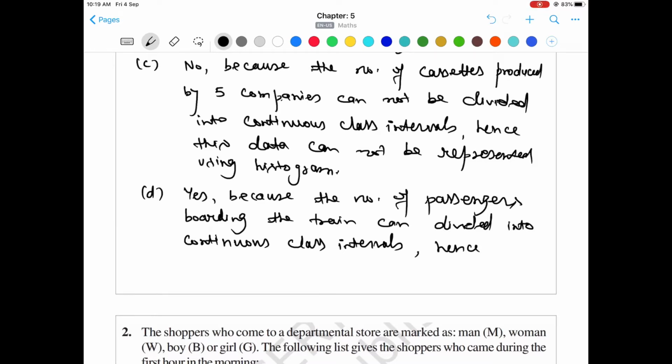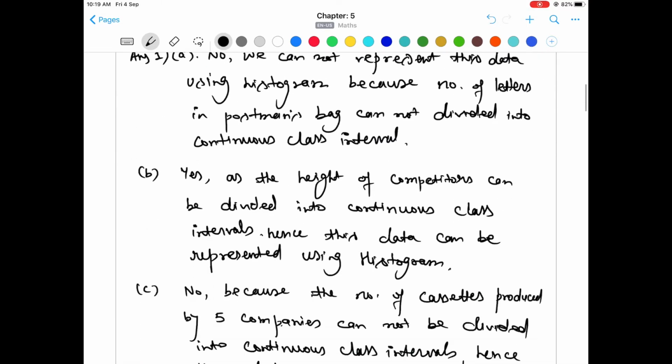Hence, this data can be represented using histogram. That's because the number of passengers boarding the train can be divided into continuous class intervals. Hence, this data can also be represented using histogram. Okay, so that's the answer of question number 1.